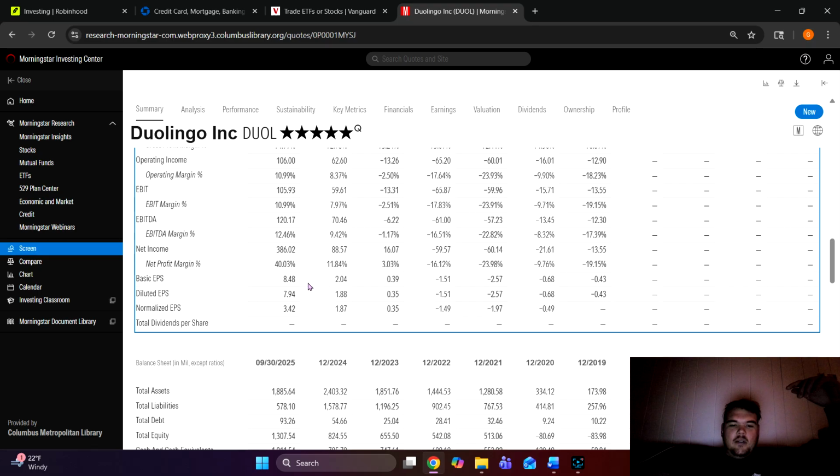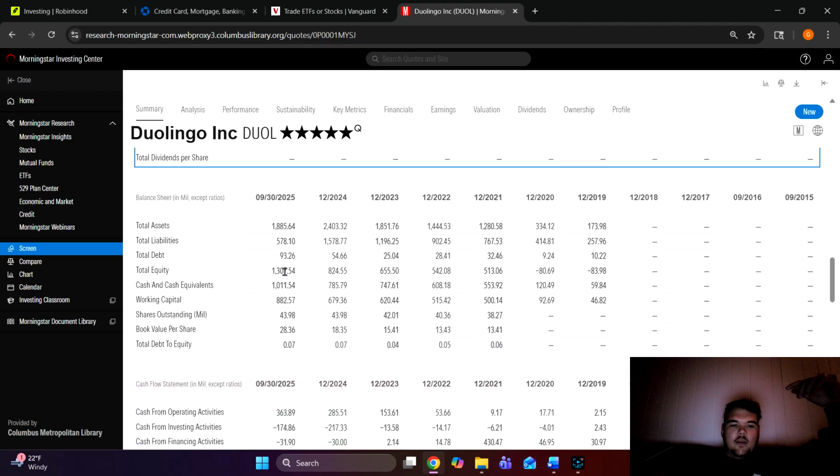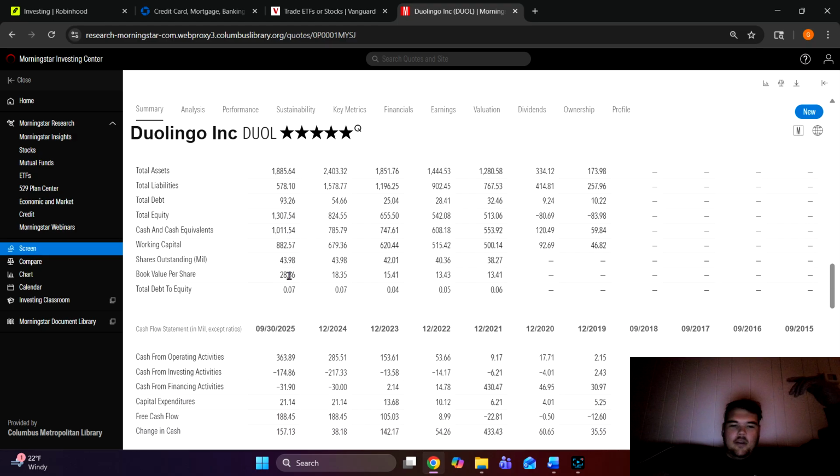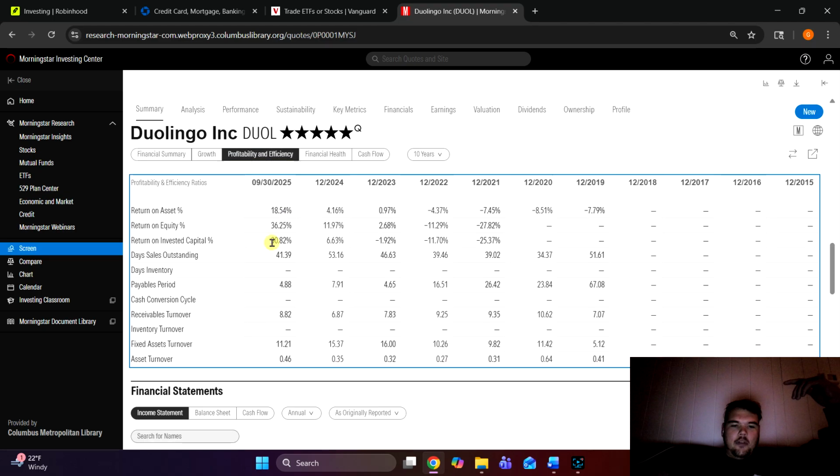Basic EPS times four. 93 million in debt with 1 billion in equity, and a return on invested capital of 30%.